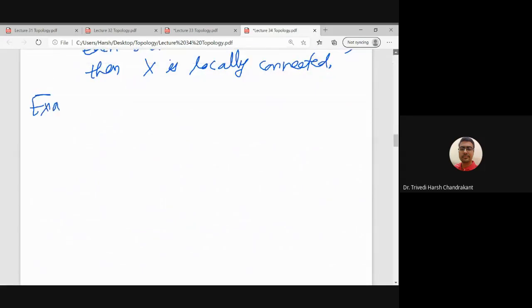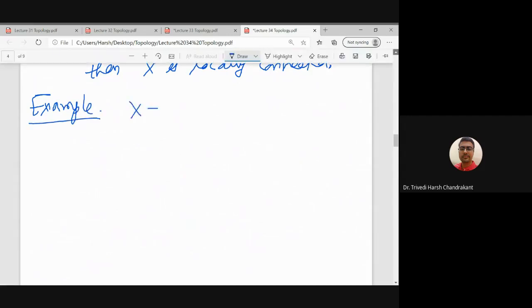For example, for a clearer idea, if X equals R, let us see that example again.